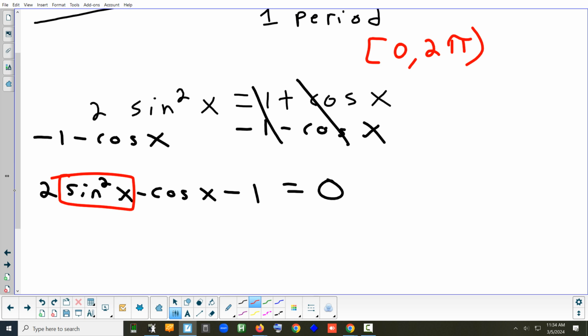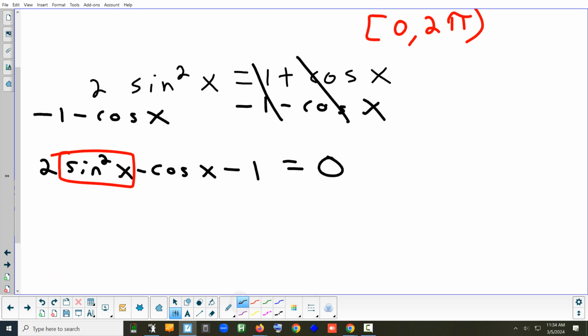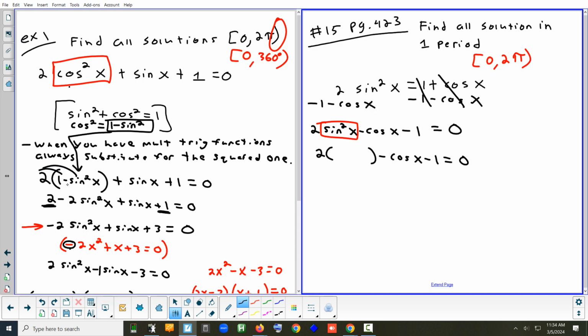Now we need to figure out what sine squared is. If you want, you can get ready for it. Leave room for what you're going to fill in. Copy everything else down.